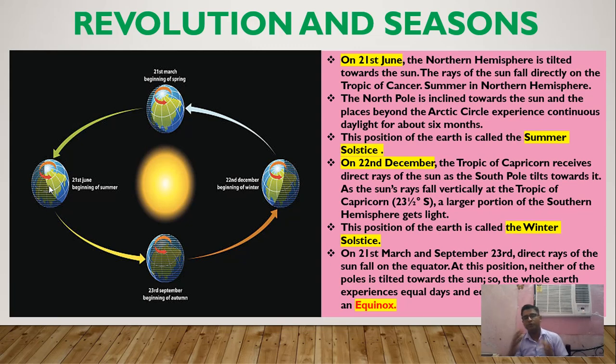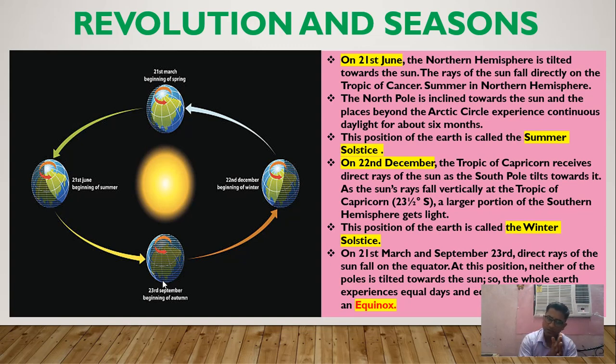इसके अलावा दो positions during the month of March, 21st March and 23rd September. This is the situation of Earth when sun's rays are directly falling on the equator. When sun's rays are falling directly on the equator, in this situation, days and nights are equal.